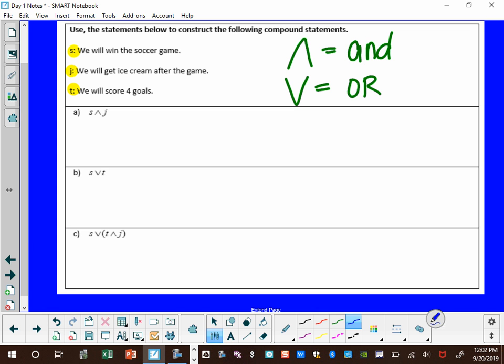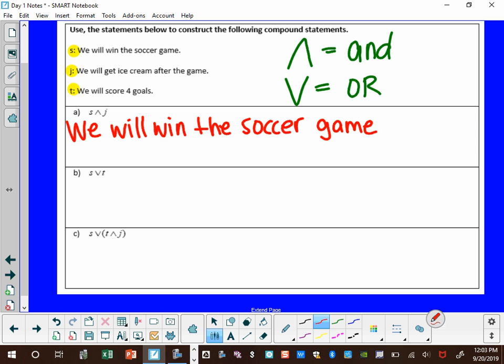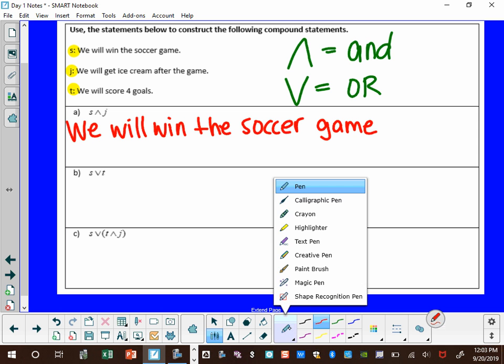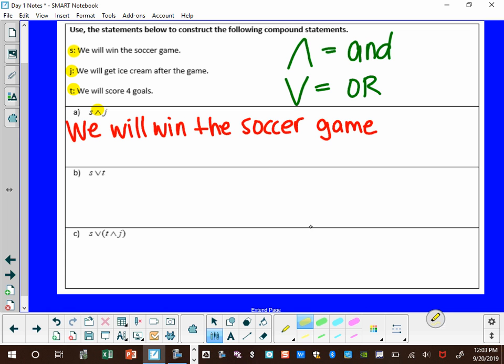All right, letter A, we have S, we have our and symbol, we have J. What is my statement for S? Write this down: we will win the soccer game. My symbol tells me to do what? And.